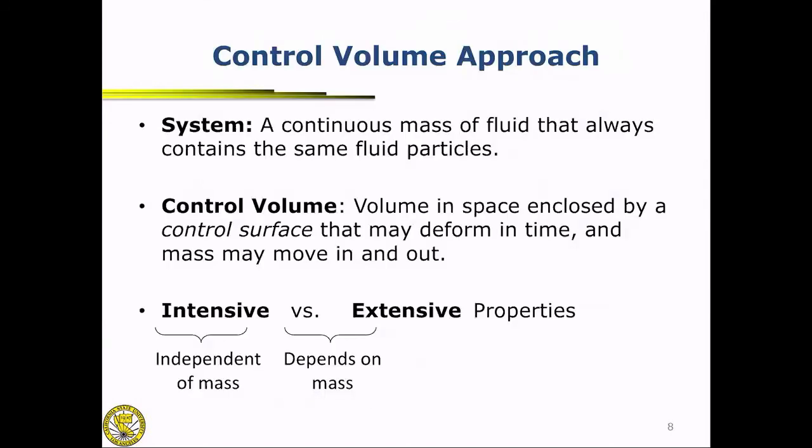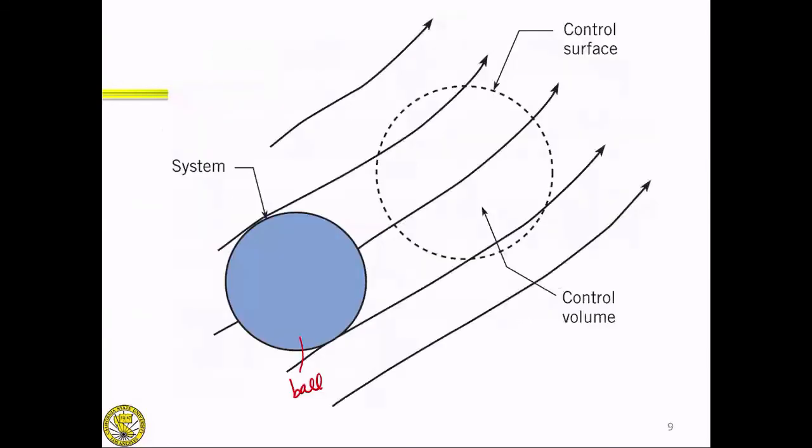A control volume is the volume of space enclosed by a control surface that may actually deform in time. It also may have mass move in and out, okay? So that would be our control volume. Moving forward, this would be more appropriately like a 3D surface. You have some volume of space that's defined by the surface.